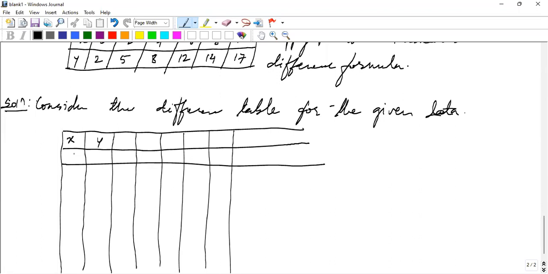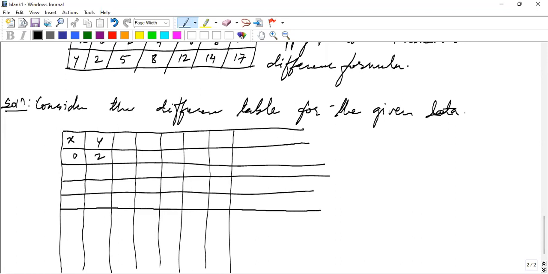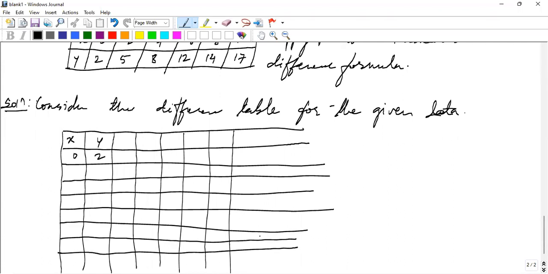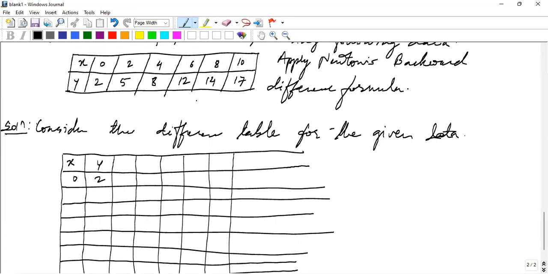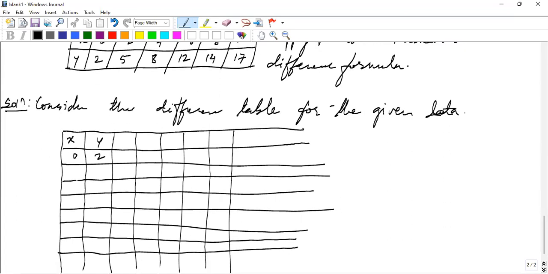So we have x0 going to be 0, y0 is 2, we have x1, it's going to be 4, 6, so it is 5, 8, and 12. These are the corresponding entries.